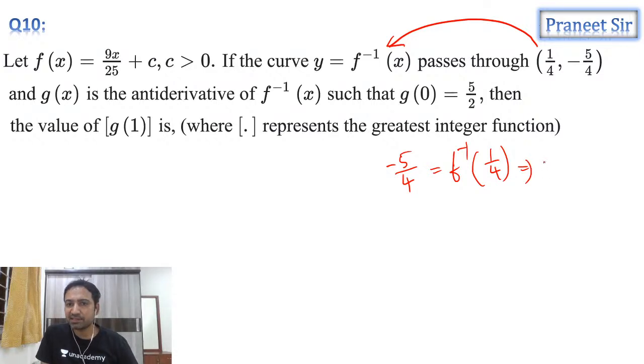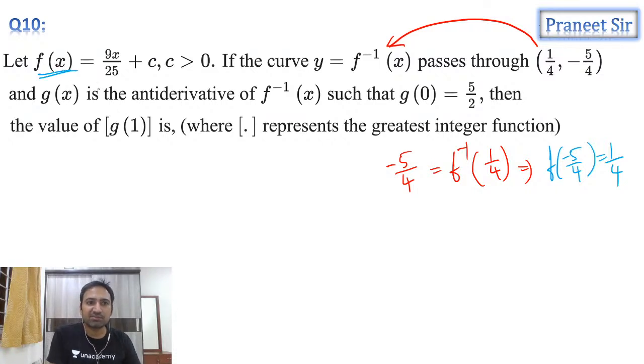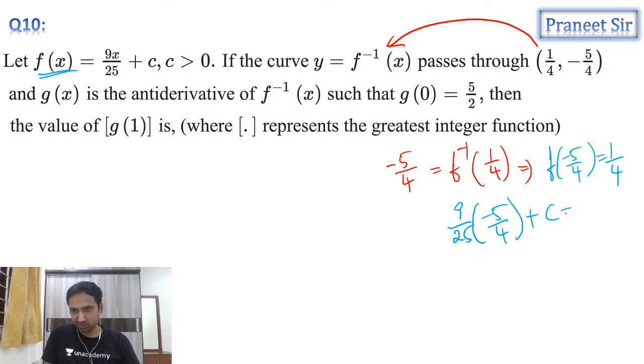So from this, can I say that if b is equal to f inverse a, obviously a is equal to f of b only, right? So from this, can I say that f of minus 5 by 4 is equal to 1 by 4? So f of x we know, guys. What is f of minus 5 by 4? 9 by 25 times minus 5 by 4 plus c is equal to 1 by 4.